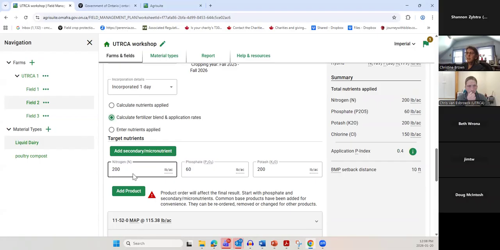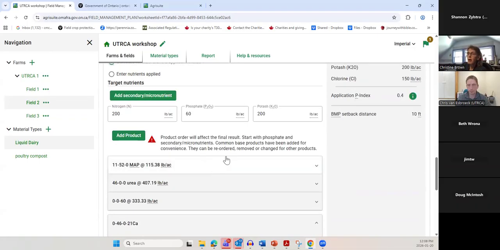So if I started with ammonium and it's already got, let's say, 200 pounds, it's going to have 24 pounds of nitrogen. That's going to reduce the amount of phosphorus, or it's going to give me zero phosphorus because I've already added most of the nitrogen. So you have to start with the MAP.